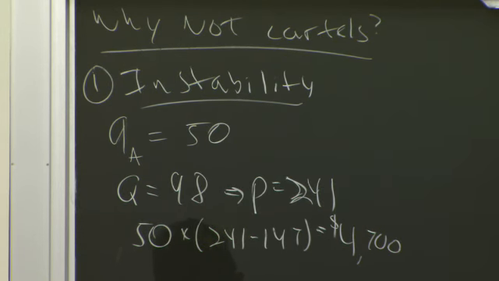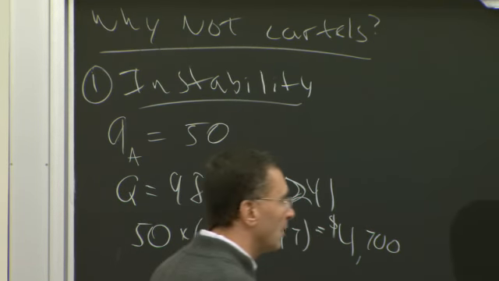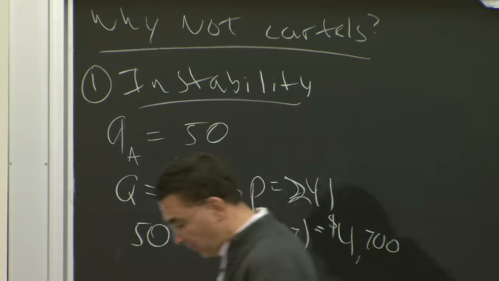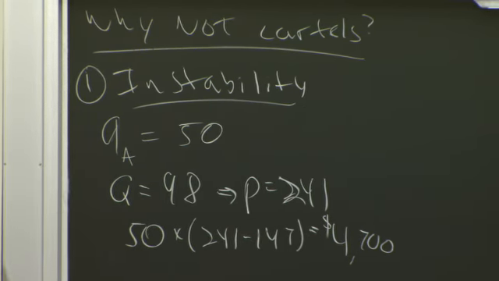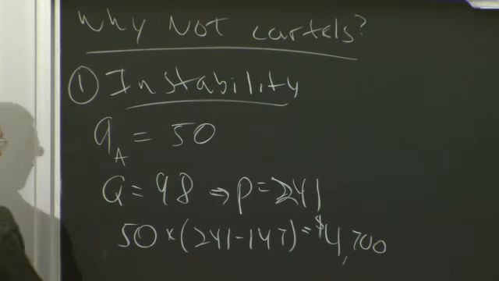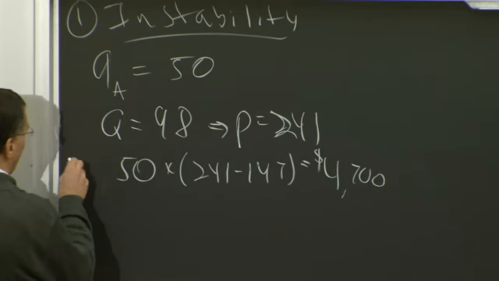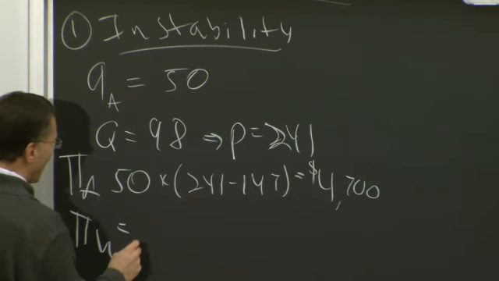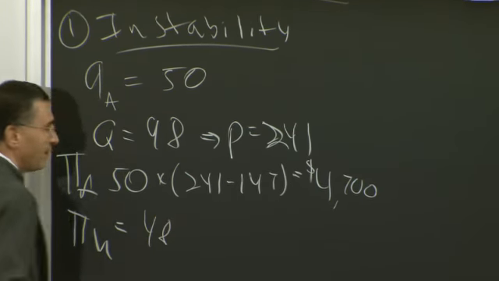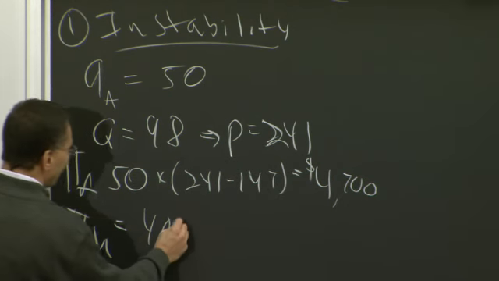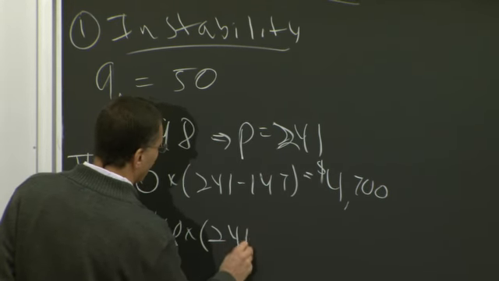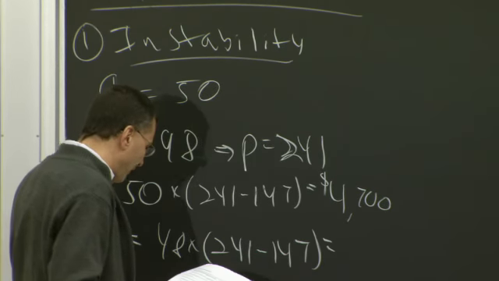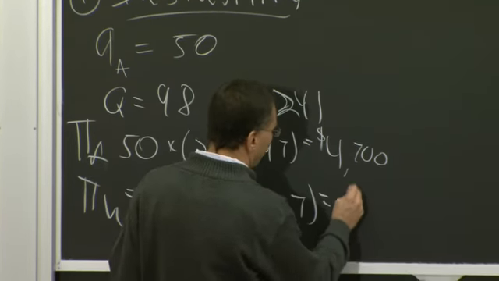American just increased its profits to more than they were making when they were cartelized, splitting the profits. And what's happened to United? Well, United's still doing 48 flights, but the price has now fallen to $241. So United's profits fall to $45.12.